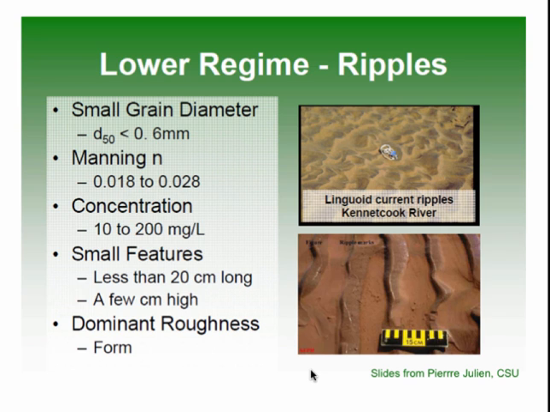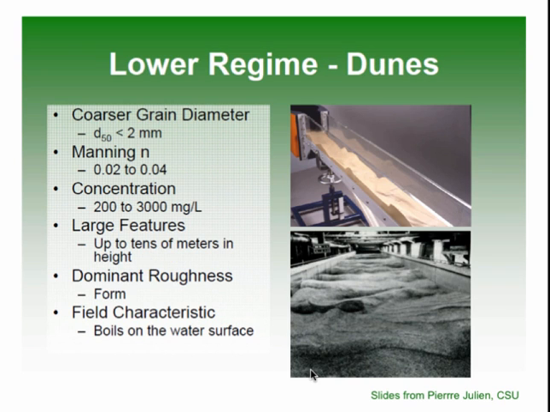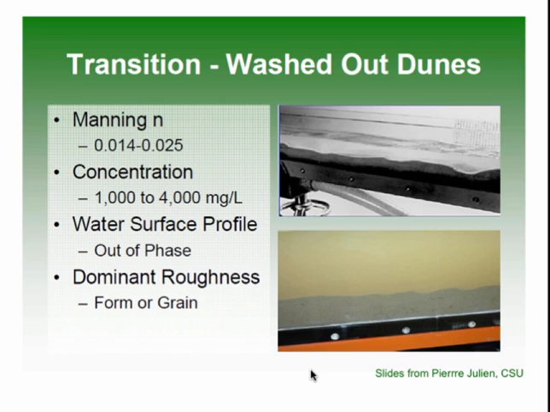These are relatively small features, less than 20 centimeters long or so, that form in the bed at these low flow conditions. As flow increases, we get dunes becoming established, and they can be up to tens of meters long and meters in height in a stream, and have a higher flow resistance too. Manning's n is higher with dunes than with ripples.